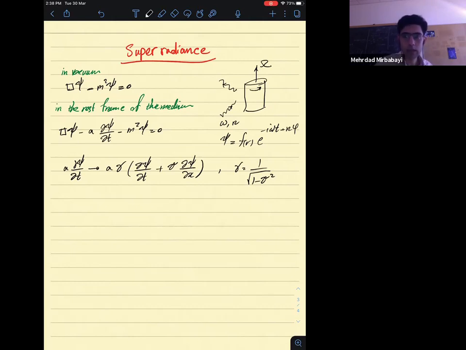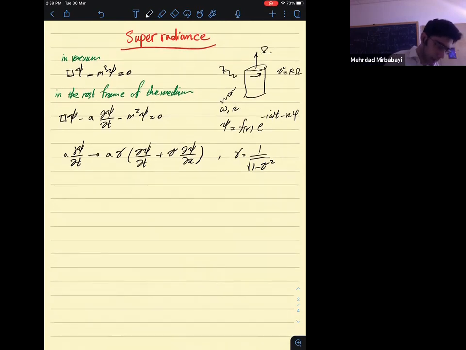But now let us consider the situation in which we are talking about this rotating cylinder. So we want to consider this velocity as being the velocity at the surface of this cylinder, right? So if the radius is r, then the velocity will be r times omega, right?